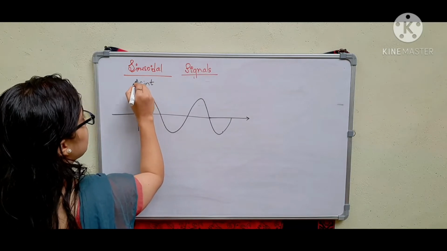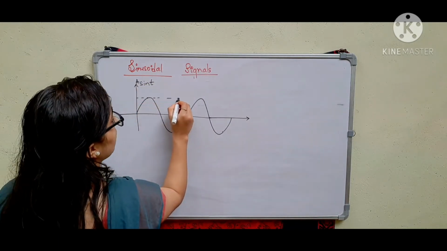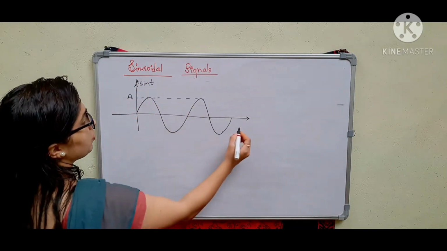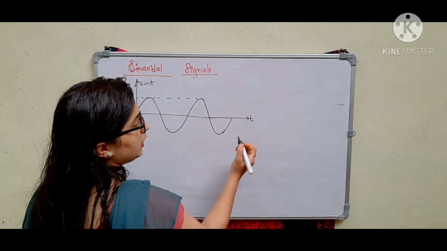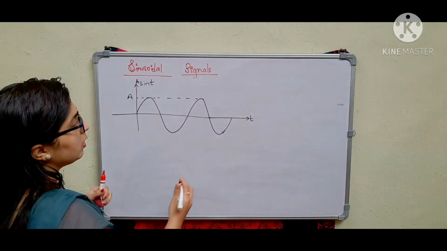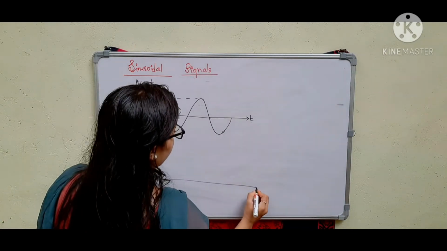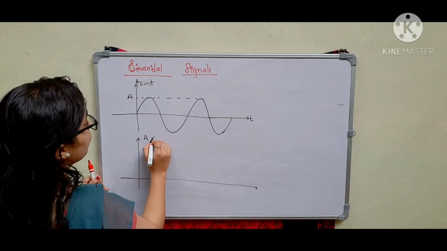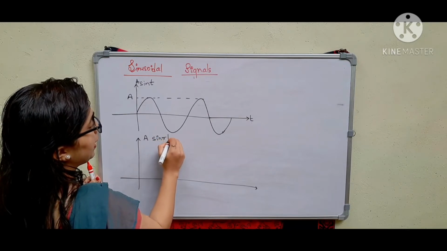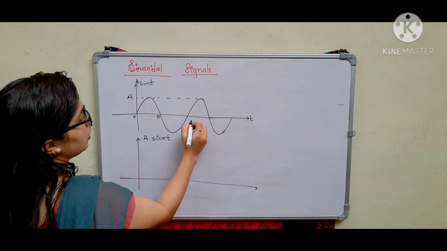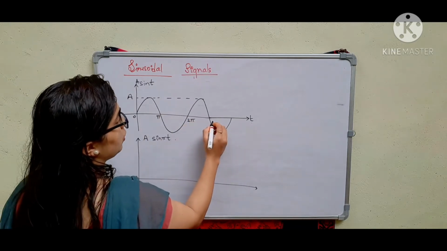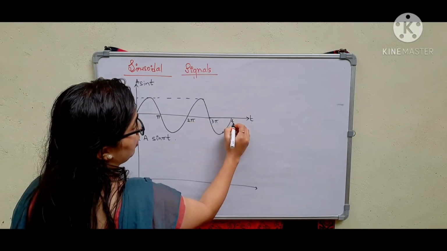I will consider it as A sine t, where A is the amplitude. This is our sine signal, and the time here is t. I can write it like this also, in terms of A sine pi t. So here it will be 0, pi, 2 pi, then you have 3 pi, 4 pi.